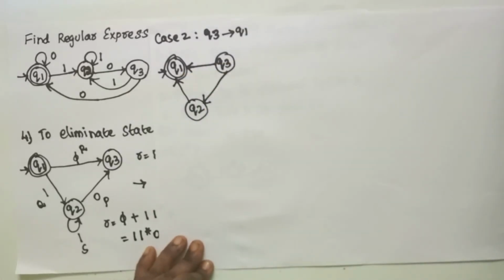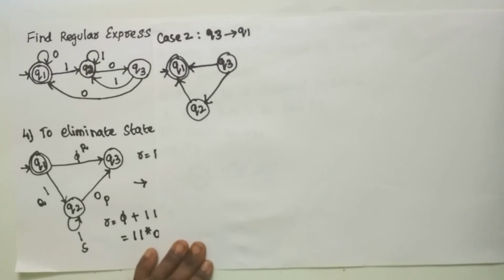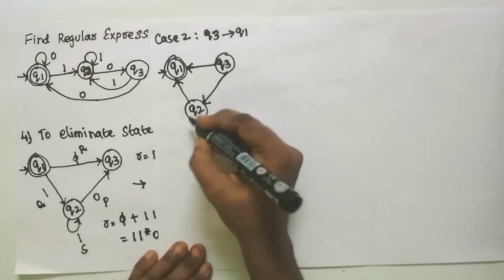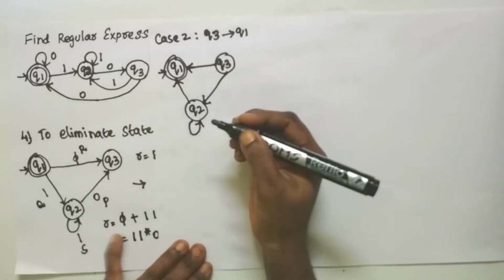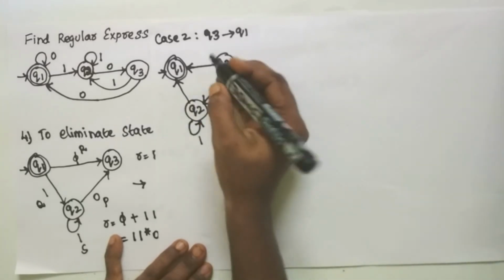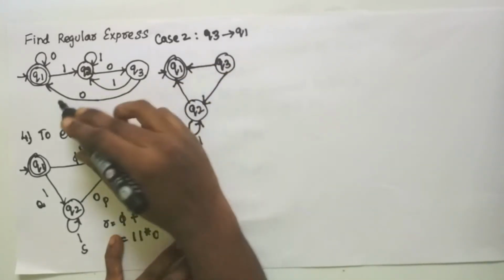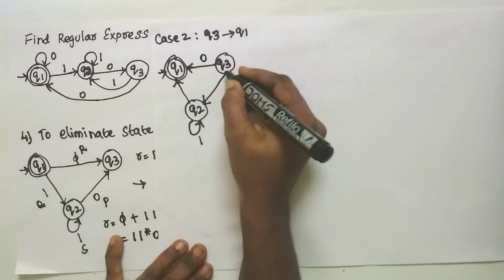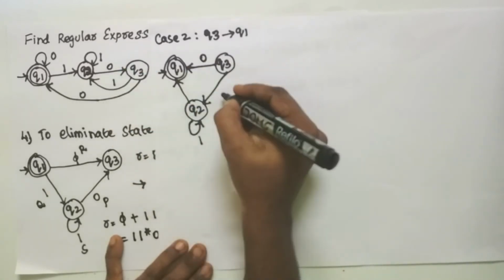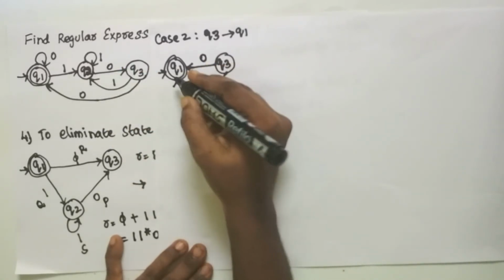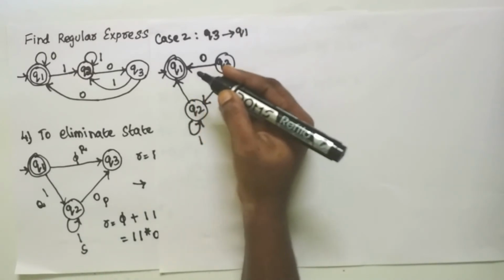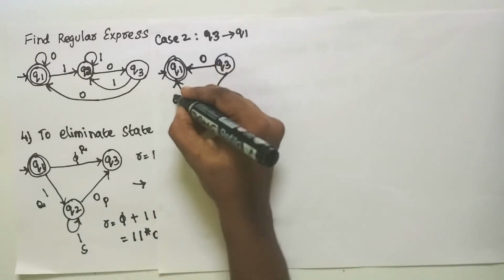So now check, do you have any self loop here? So self loop will be there. So you must write the self loop always. Then Q3 to Q1, Q3 to Q1 it is 0. Then Q3 to Q2, Q3 to Q2 it is 1. Then Q2 to Q1. So Q2 to Q1 it does not have any path. So it is pi.